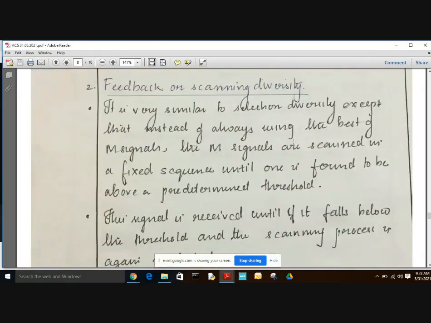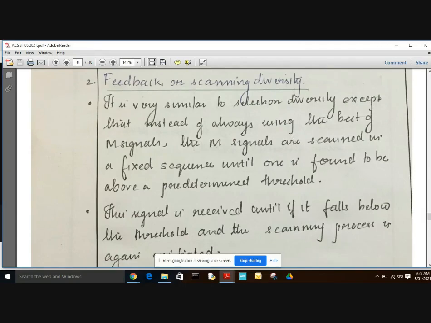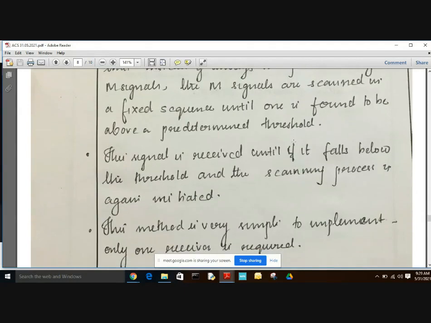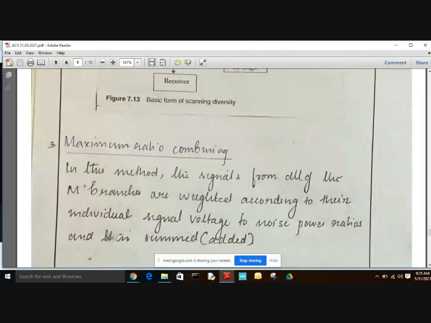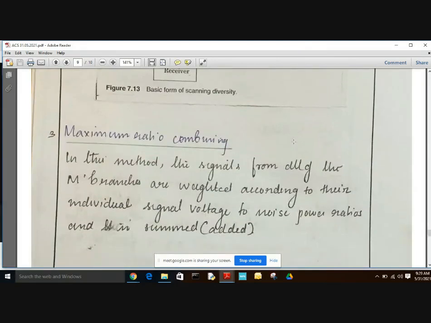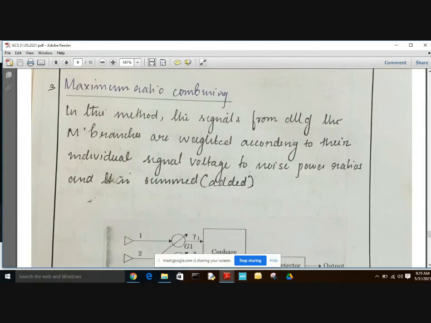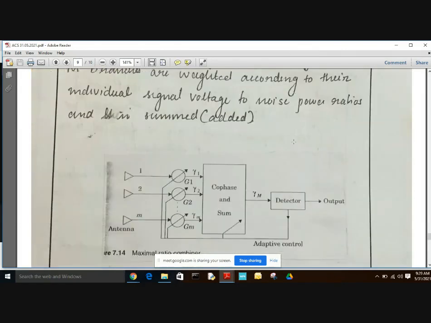And in feedback or scanning diversity, instead of selecting one from the M signals, we scan all the M signals and set a threshold, and the signal which comes above the threshold is selected by the receiver. And in maximum ratio combining, we apply a weight to the signals according to the signal voltage to noise power ratio, applying weights to the M branches.